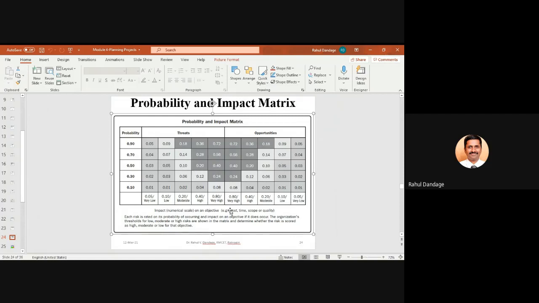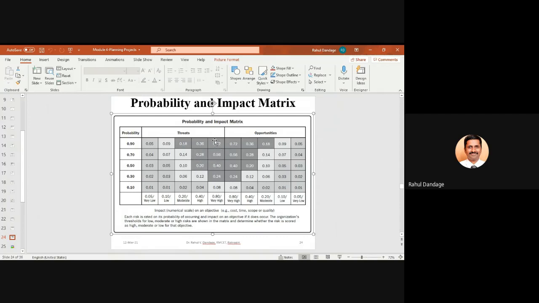we observe is the risk categories which have very high probability as well as very high impact, like this 0.72, this 0.28, 0.56, 0.36, 0.4, 0.2. These are all nothing but the high priority risks.